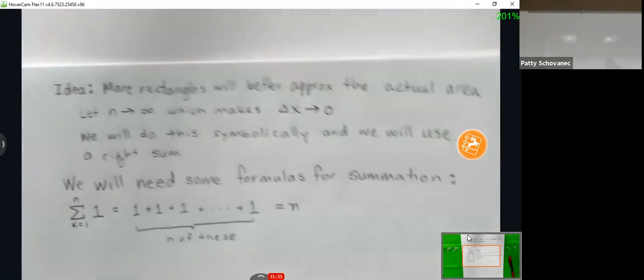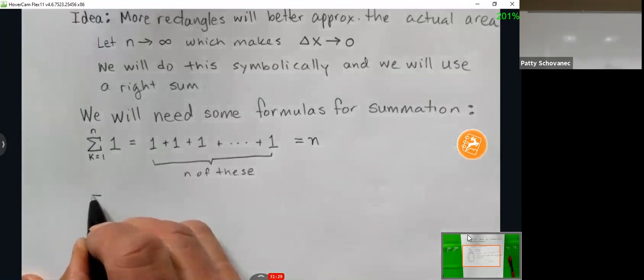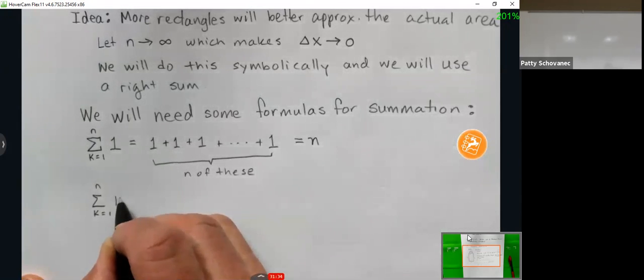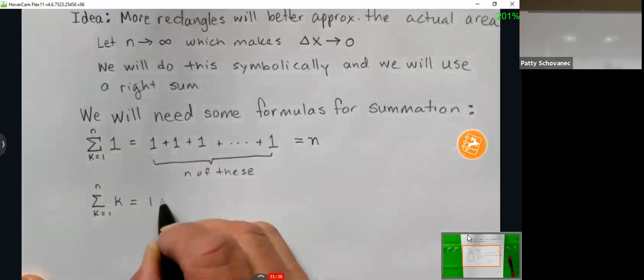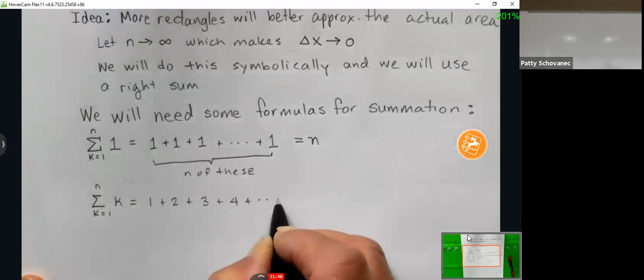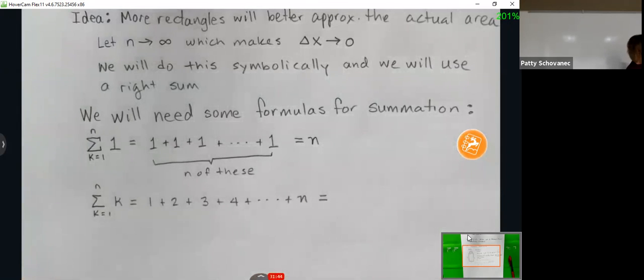The next formula I want to use is that if I add up the first n integers, 1 plus 2 plus 3 plus 4, until I'm out here at n, typically we add things from left to right.